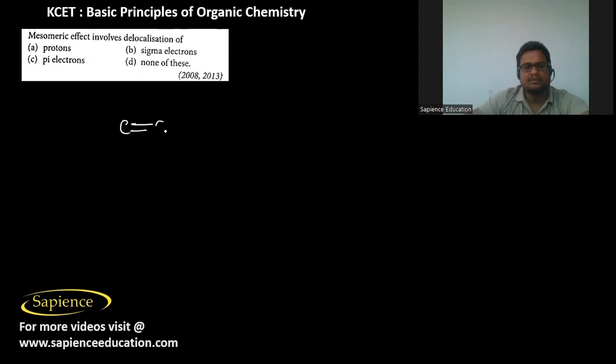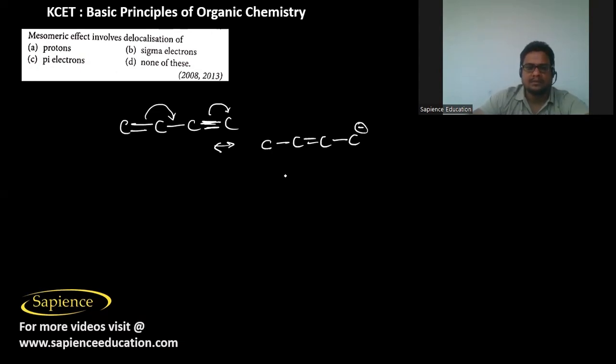Mesomeric effect means that suppose we have two double bonds, then these pi electrons can come here, and these pi electrons can come here, and it can form one more resonance structure which will be like this. So mesomeric effect involves delocalization of pi electrons. So option C is the correct answer.